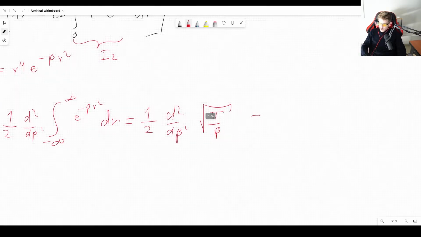Now we take one derivative and we get minus 1/2 times 1/2 times square root of pi, right? This came from taking the derivative. And then we still have another one. So we get beta to the minus 3/2. So when we take another derivative, we get 3/2 times, so minus 3/2, sorry.